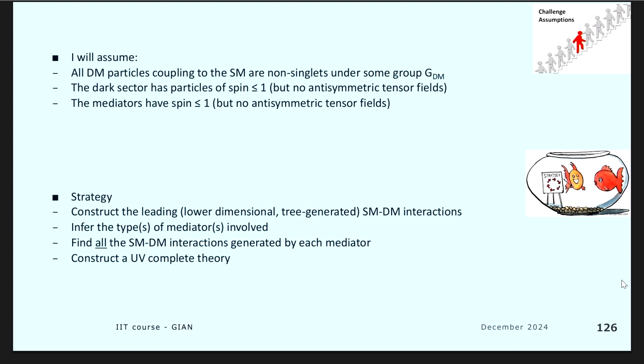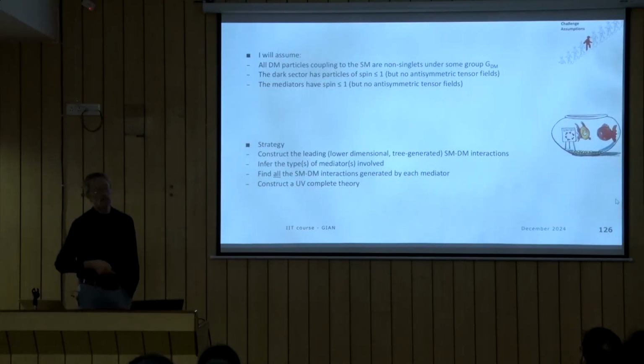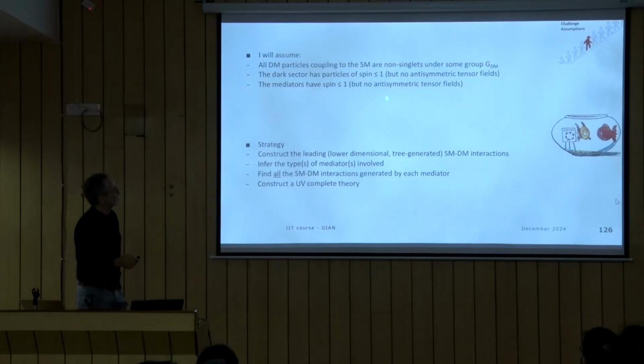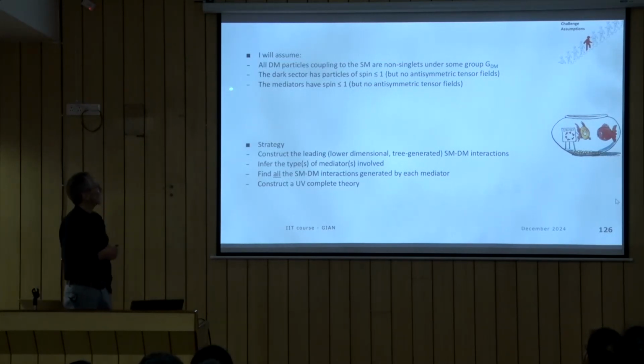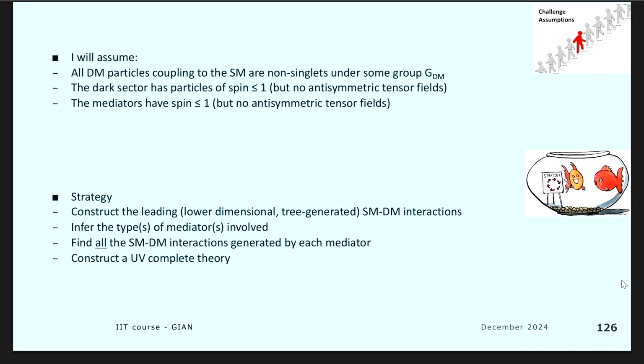The dark sector has particles of spin less than 1, but I will assume that an antisymmetric tensor field, which also describes spin 1 particles, is not there. A prejudice. The reason is I don't know how to write Lagrangians with this guy, so I ignore it. And I also assume that the mediators have spin less than 1, but again, no antisymmetric tensor field exchange.